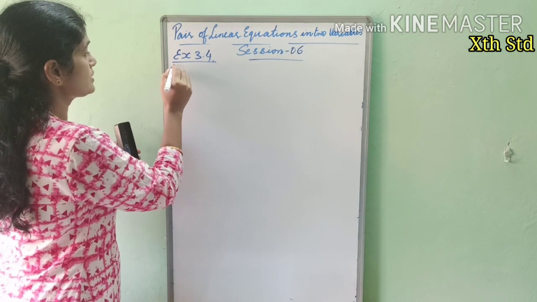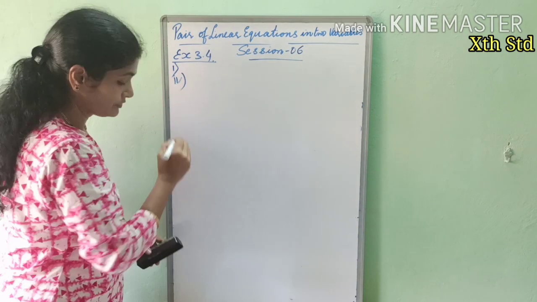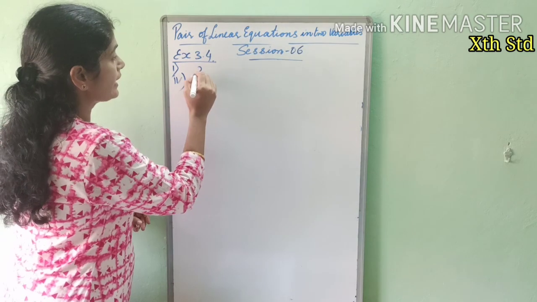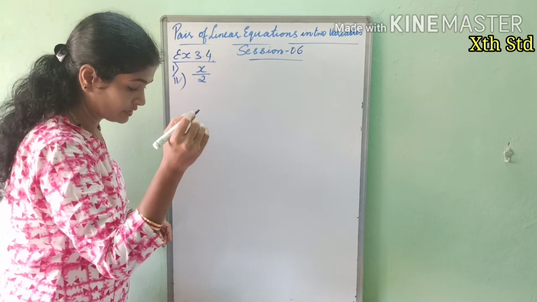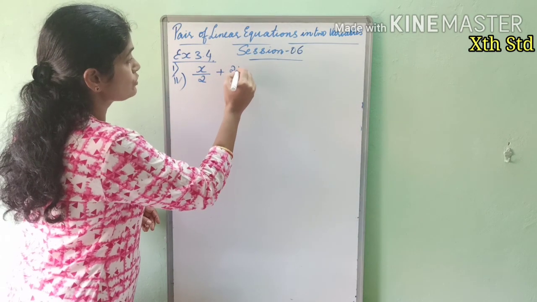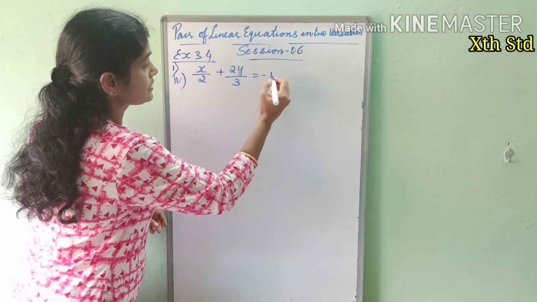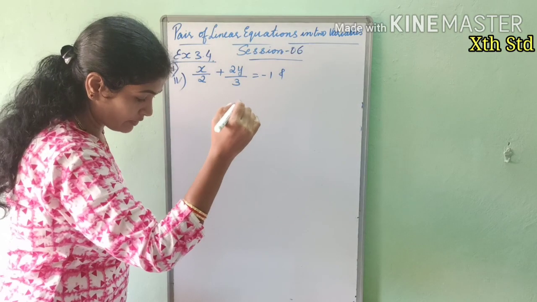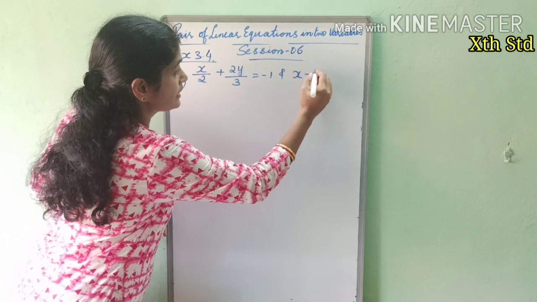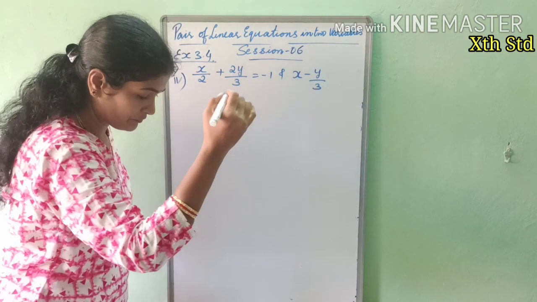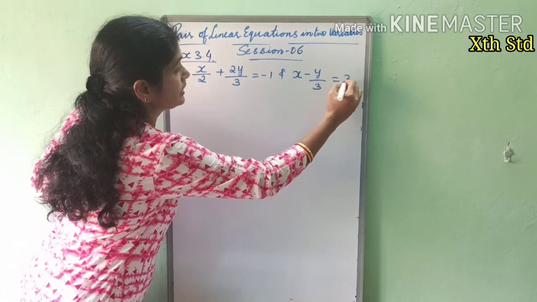So first main, fourth part. X by 2 plus 2y by 3 is equal to minus 1, and the other equation is x minus y by 3 is equal to 3.